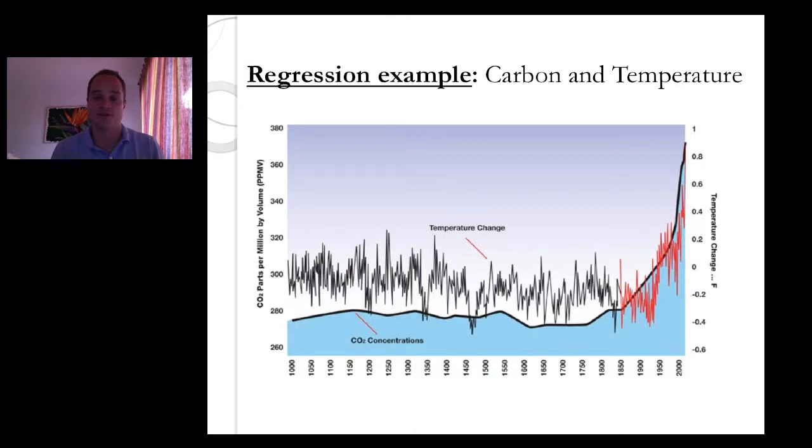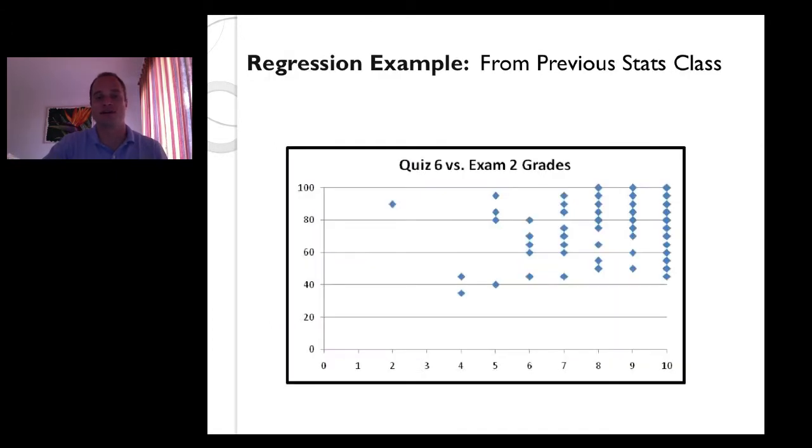And of course, there are caveats to all data analysis, and we'll learn them as we go. But a regression analysis could be used, and is used, to see how temperature changes in response to carbon, and of course a whole host of other variables that you'd need to control for.